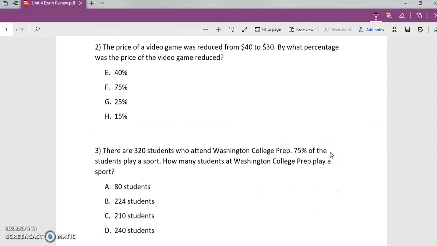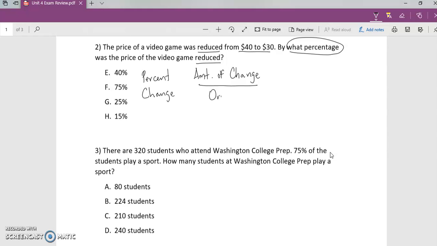The price of a video game was reduced from $40 to $30. By what percentage was the price of the video game reduced? So this looks like it's a percent change problem. So whenever it's percent change, that means it's the amount of change, and then that's going to be divided by the original amount, like whatever price I started with at the beginning.